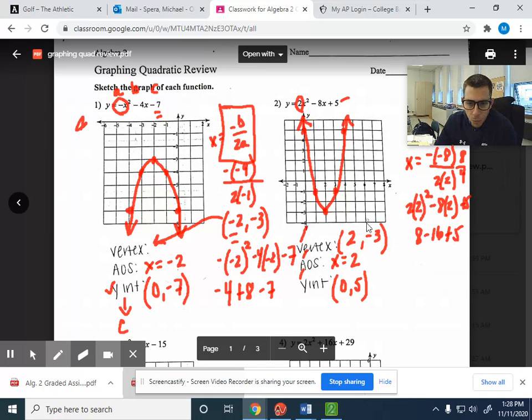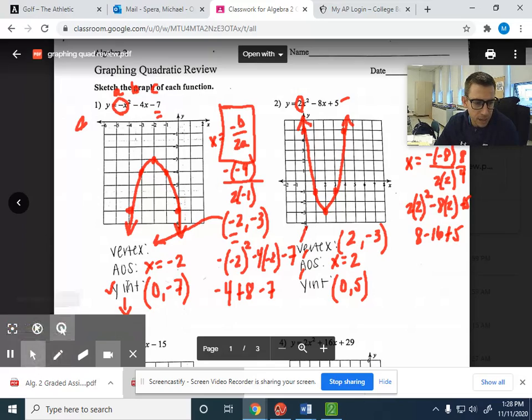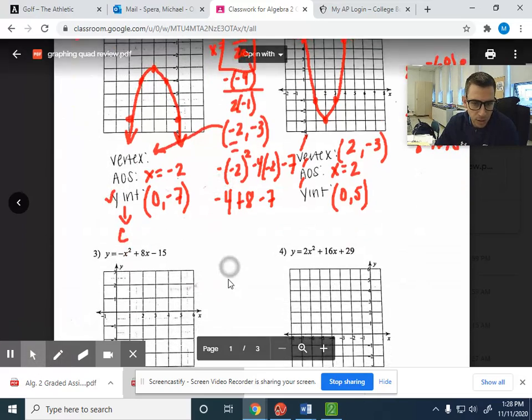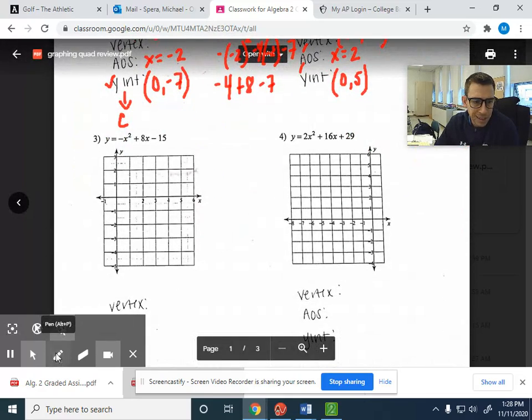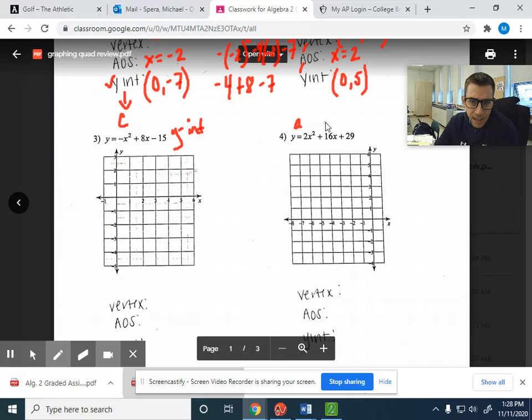Okay. Now, what do I mean by graphing the y-intercept that's realistic? Well, if we look down at the next few problems I'm going to ask you to do individually, on your own here, the y-intercept to number 3 is 15. Right? This is my y-intercept. So once you identify this C in A, B, and C, your y-intercept is just this term.